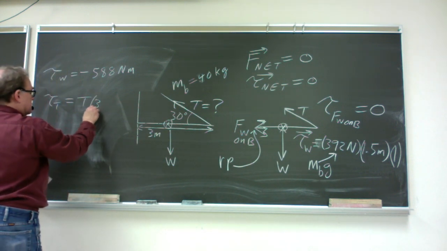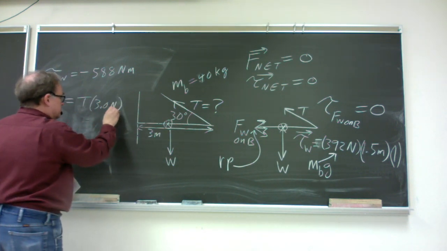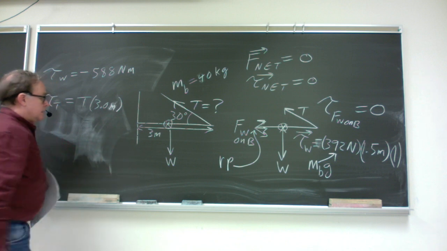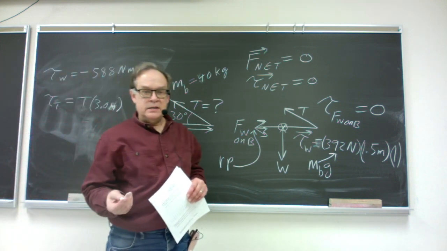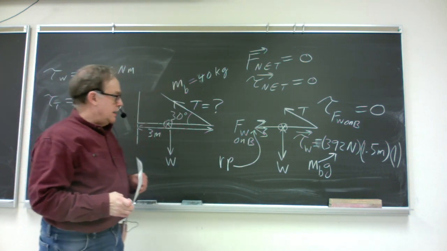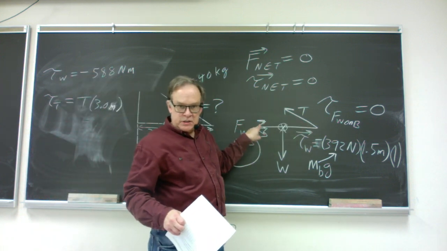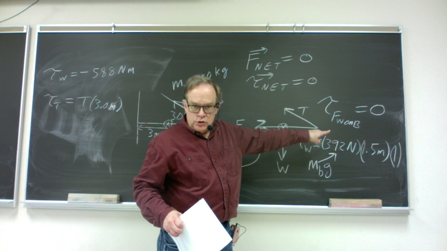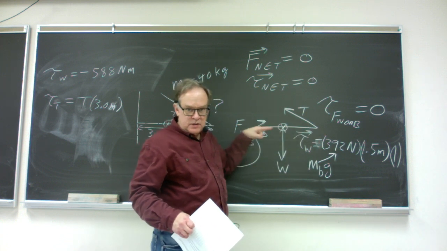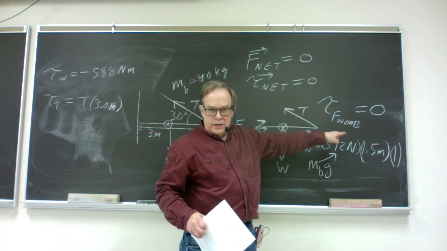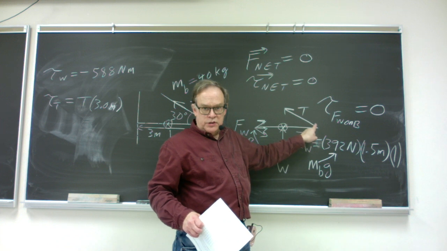So 3 meters. And then the sine of that angle. The angle is the angle between the displacement direction and the force direction. The displacement starts here and goes to here, so the displacement is horizontal to the right, and then here's the force in this direction.